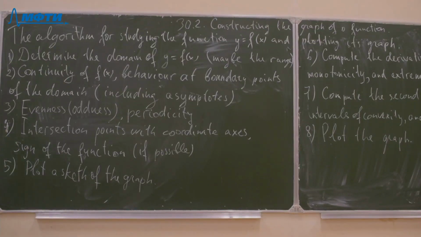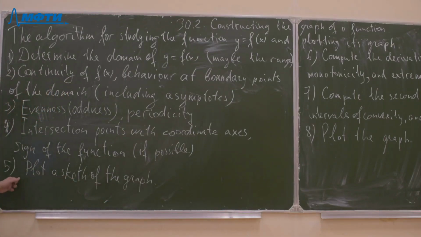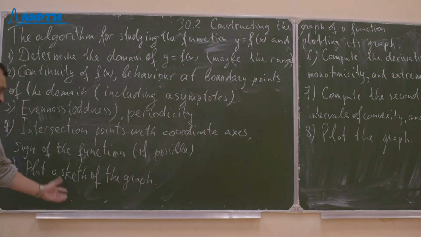Okay, we continue. Yeah, good question. Fifth step. Yeah, it's correct. Fifth step is a less accurate version of our graph. That's all, right? What can we draw here, nothing else.